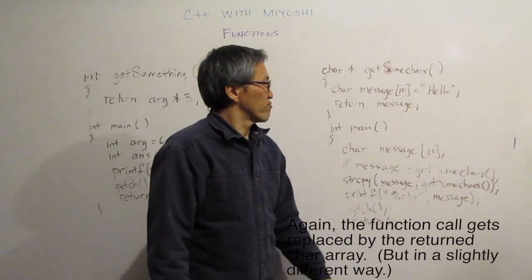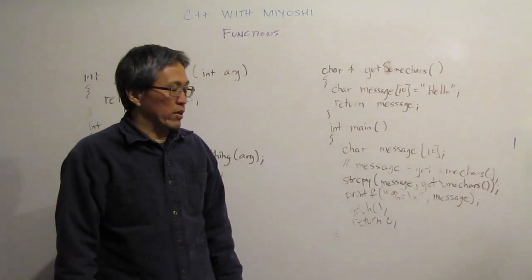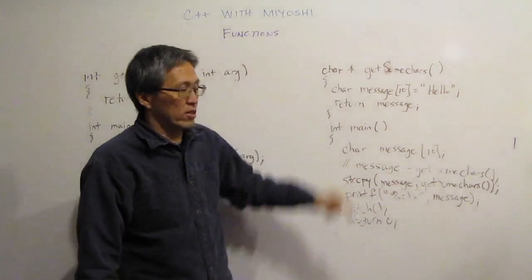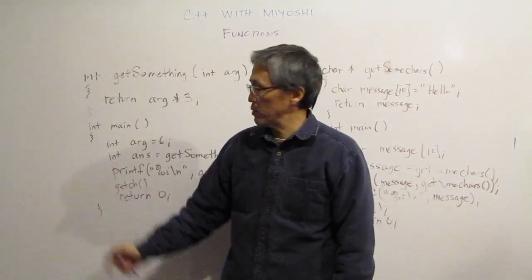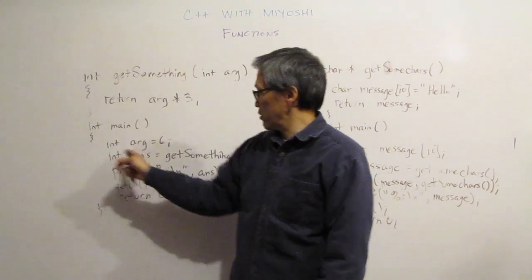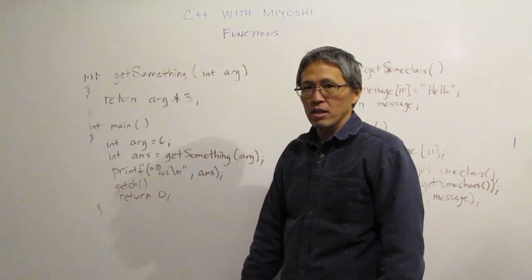So, returning from a function: just remember when you see return, when you create your own function, whether it's a character array or a character pointer or an int or a float or whatever it happens to be, that data type is the same data type that comes here, and that's going to replace whatever your function call is.